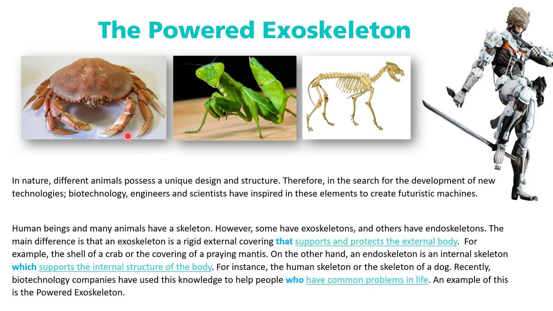On the other hand, an endoskeleton is an internal skeleton which supports the internal structure of the body. In this case, for instance, the human skeleton or the skeleton of a dog. Recently, biotechnology companies have used this knowledge to help people who have common problems in life. An example of this is the powered exoskeleton.